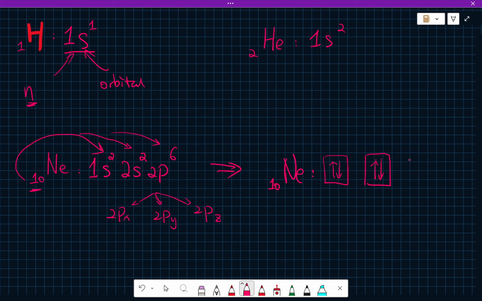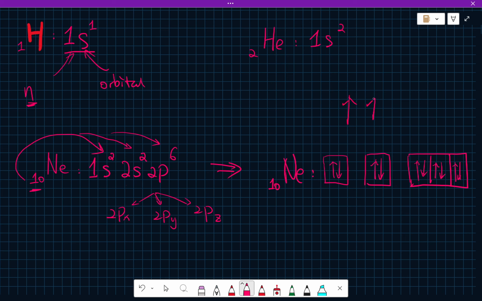For 2p, we actually have 3 suborbitals. So we divide them into 3 little square boxes, and we will put the 6 electrons in. But pay attention to how I'm writing the arrows.